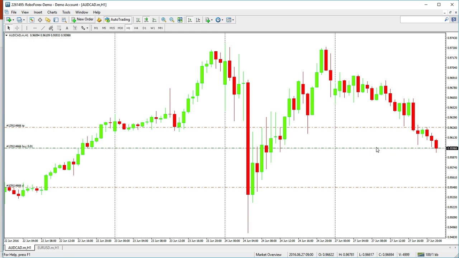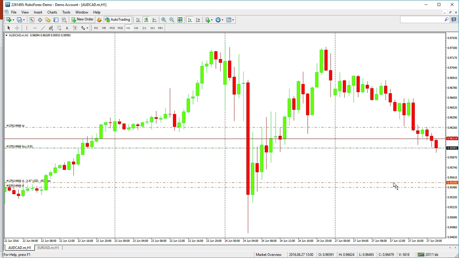Let's say you started a buy trade, which I have done here, and you have a pending sell stop trade at this level, and the market started moving in your favor. If you have chosen 20 pips as your trailing stop, then as soon as the market goes 20 pips in your favor, it will take your stop loss to break even.